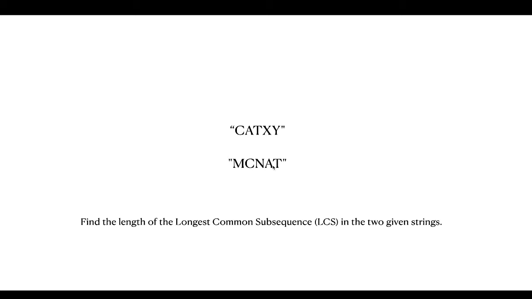That is a common subsequence in both the strings. And the length of the longest common subsequence, as you might have already guessed, is 3. And that is CAT. So as you can see, this subsequence happens to be common, and it is the longest you can find in both strings.